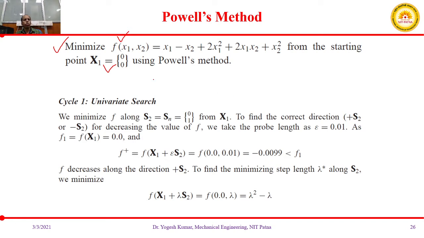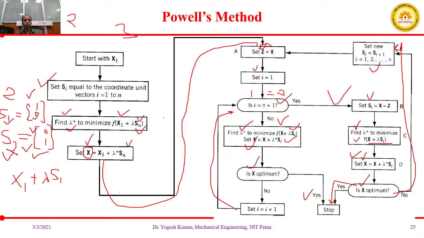In order to minimize this function using Powell's method, we will set the initial search directions. Because this is two-dimensional, here n is equal to 2, and you will have two search directions.